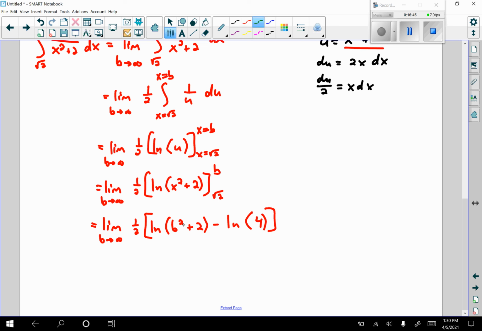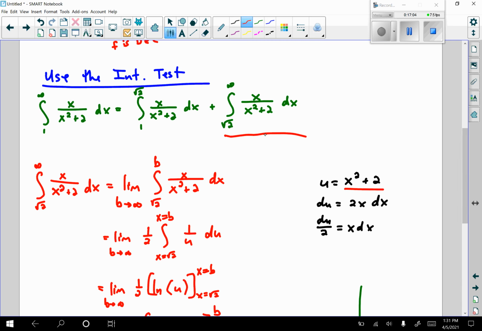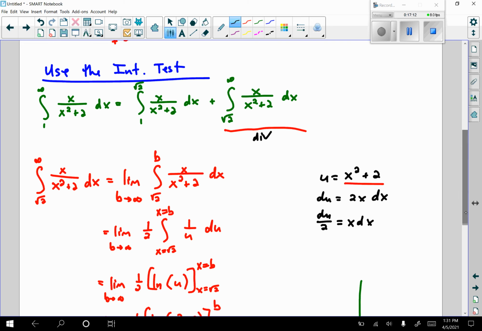So as b keeps increasing without bound, think of the graph of the natural log of x. It looks like this. So as our x values, our b, keeps increasing without bound, this is going up forever. So then this just becomes infinity, which means the second integral is divergent, which means even if this is finite here, it's not going to matter because this one just kind of keeps growing.